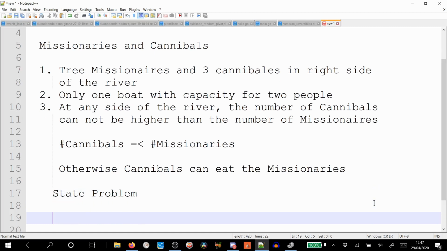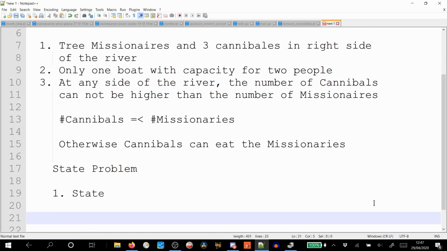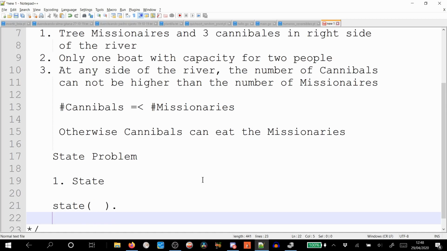First, we have to define the state. I remind you, the state is like a picture of the situation. I have to write something like state, with something inside, to represent the situation or a picture of the problem. What can we put inside here?